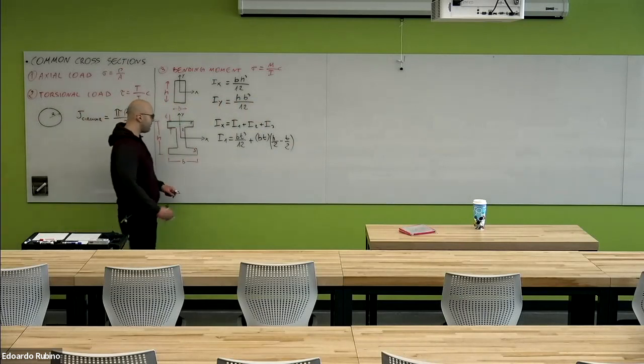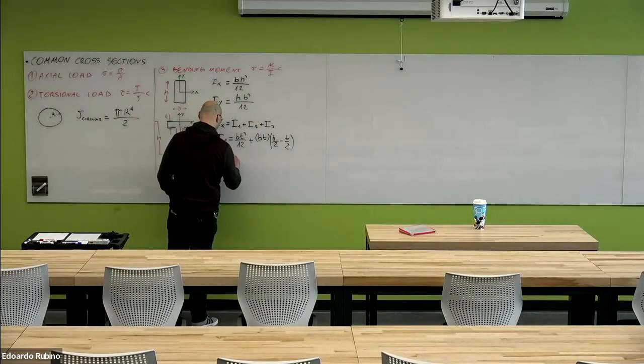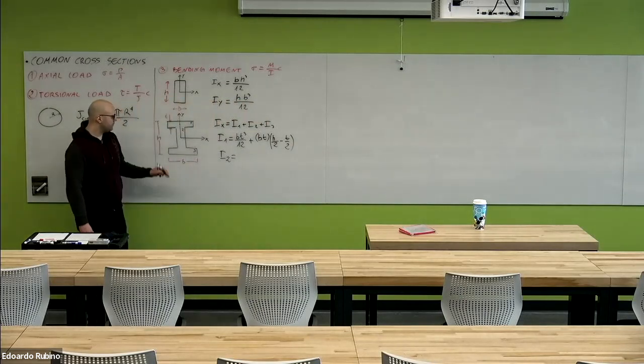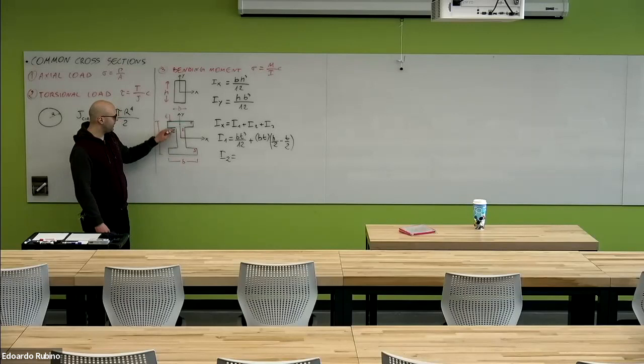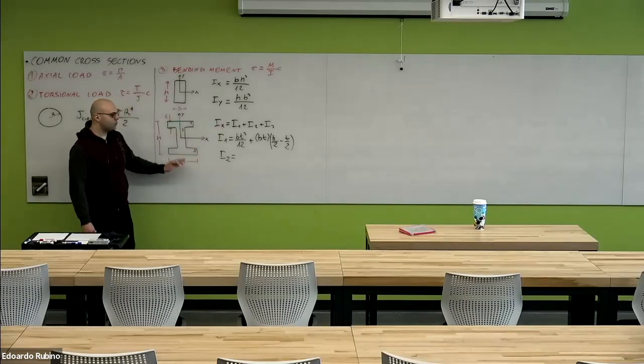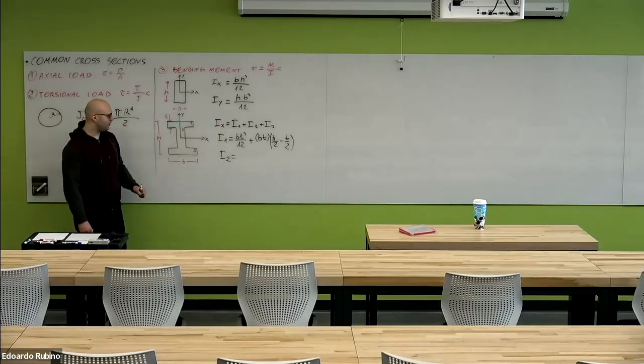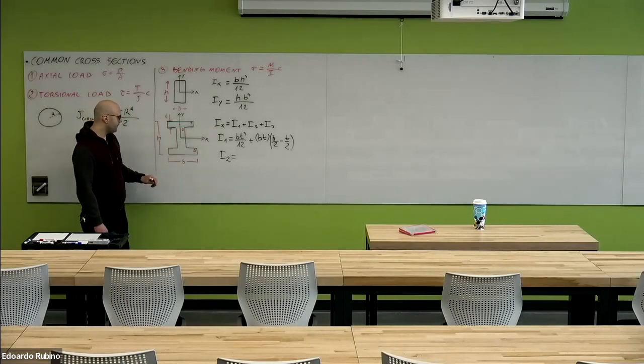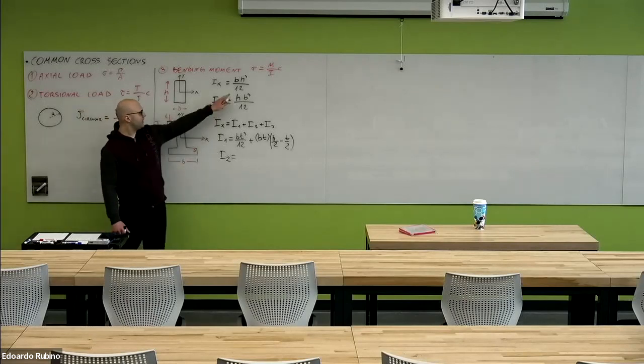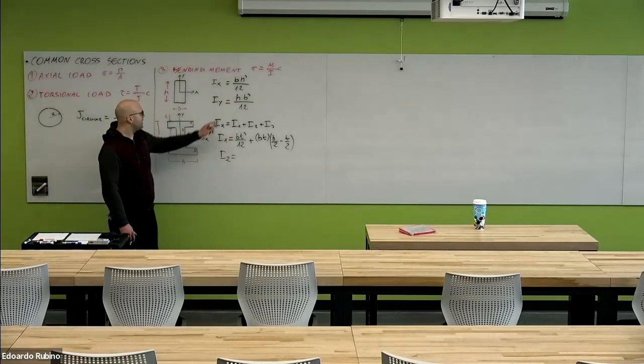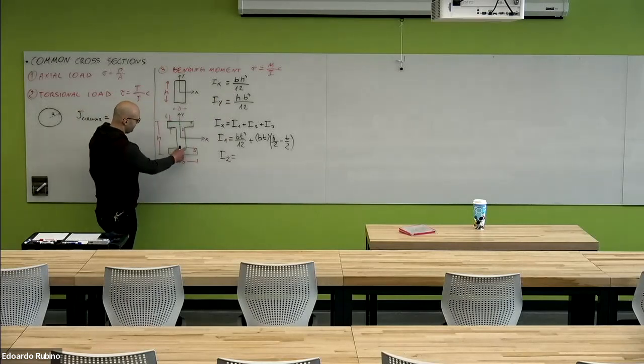Then we can look at the web, I2. In this case, the axis of symmetry of the web, section number 2, is aligned with the axis that we are considering. So we don't need to apply the theorem of parallel axis. We just need to consider the moment of inertia of this web with respect to x, and we use the same general equation that we used before. In this case, our width would be the thickness, because we said that all three have the same thickness.